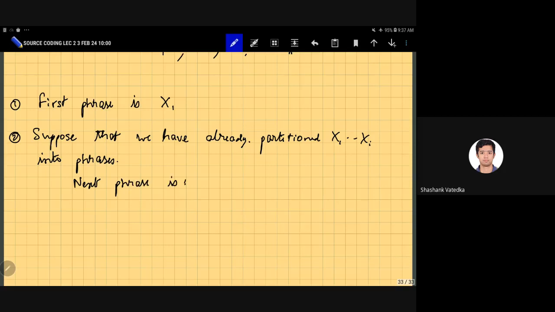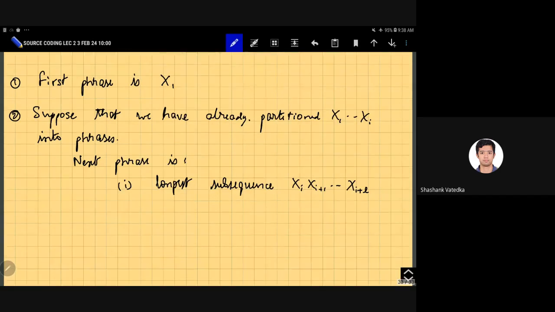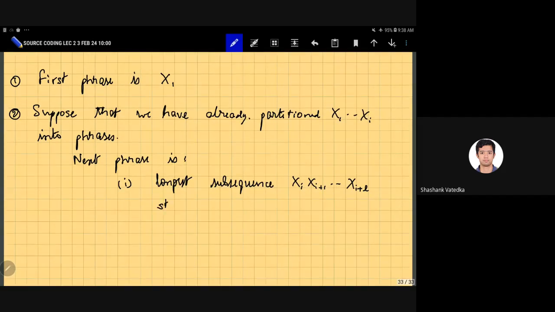Look at the longest subsequence xi+1 up to xi+l such that this subsequence is present in x1 through xi. Okay, so what does this mean?